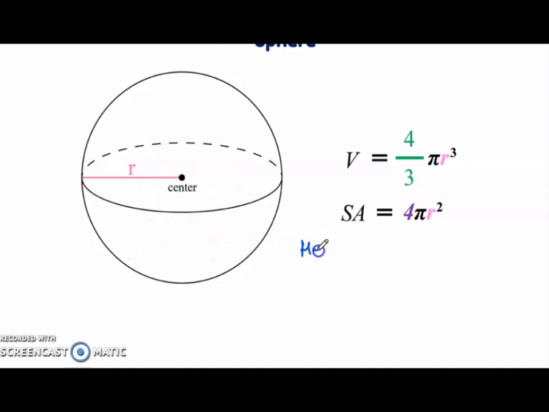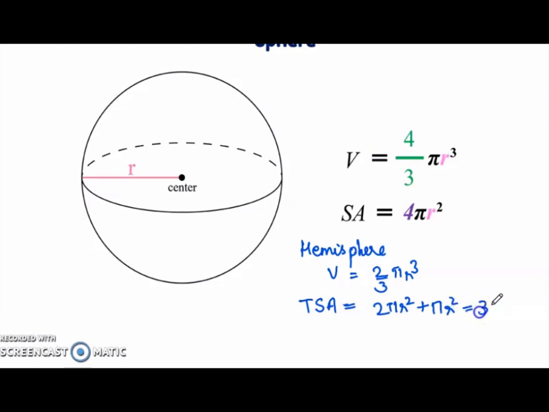So for the hemisphere, volume will become 2 by 3 pi r cube, half of this, and total surface area will be 2 pi r square plus pi r square, that is equal to 3 pi r square, and CSA will be half of this, that is 2 pi r square.